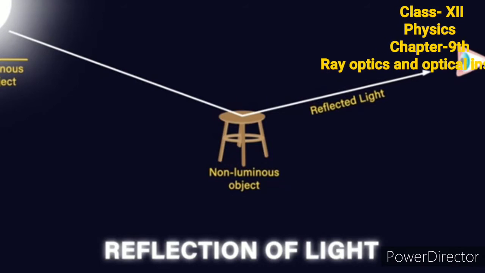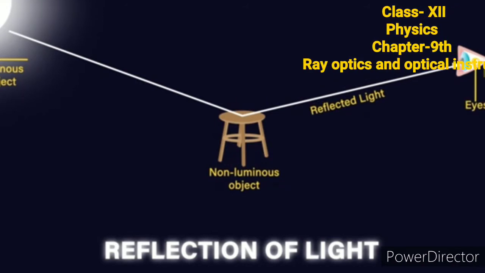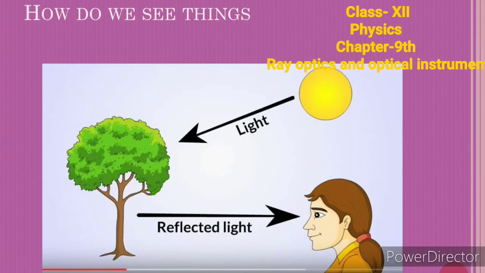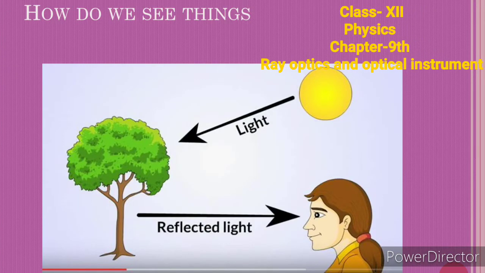Reflection. The phenomenon of bouncing back of light rays in the same medium on striking a smooth surface is known as reflection of light. In the daytime, we are able to see the blue sky, the white clouds and the green grass because the light coming from the sun is reflected by them and travels towards our eyes.